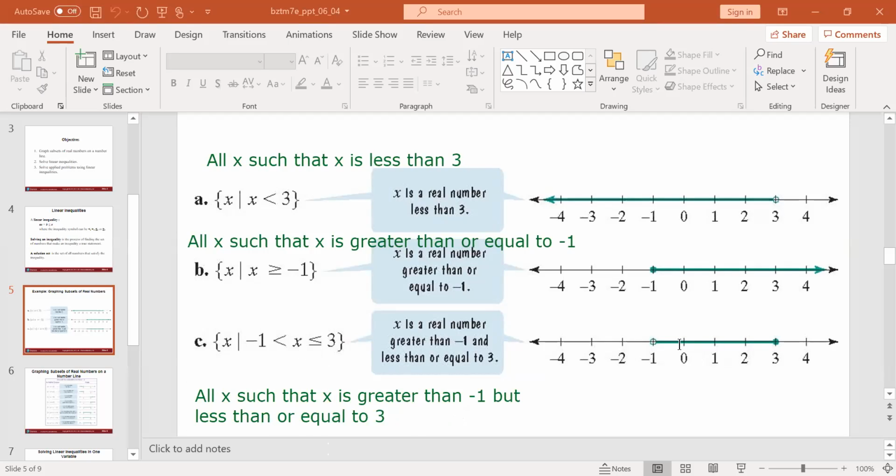So 0 is allowed because 0 is strictly greater than -1, but less than or equal to 3. 1 is in there, 2 is in there, 3 is also in there, that's the very end of it, but it is in there because there's a closed circle, and it's because we can be or equal to 3. -1, though, is not in there. There's an open circle on it, and it's because we have to be strictly above -1. But everything just a hair above -1 is included.